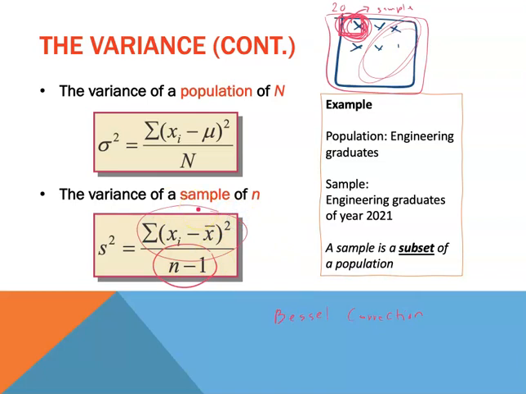What do you get when you divide it by n-1? It corrects the biasness that you get from just taking a small chunk of data out of a very, very big data. So this approximation actually works. I don't know how it works, but it works.